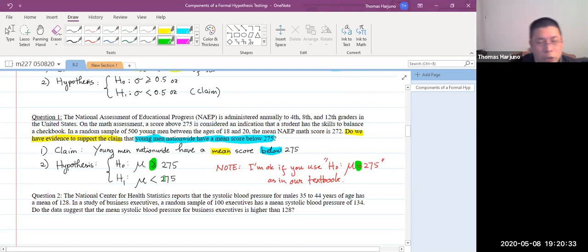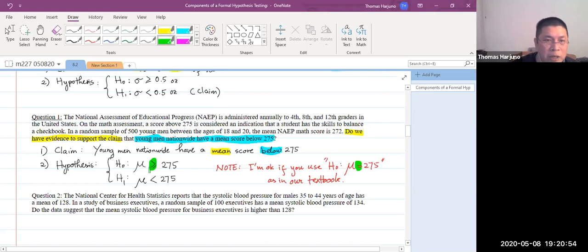Old statisticians, new statisticians, recent statisticians, all of them still agree that the alternate hypothesis, the one without the equal sign, has to be written this way. The different opinion that has been evolving is on the equal sign here.